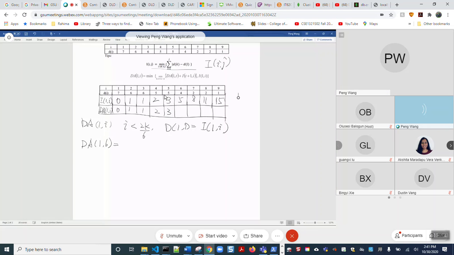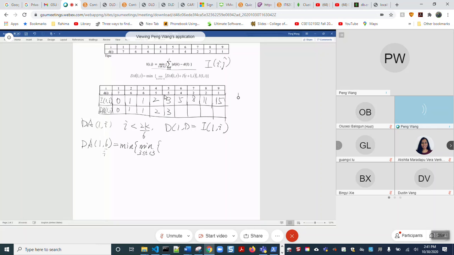dA16 is, let's put down this formula. It is the minimum, where k equals 3, over t from k to i minus k. So here i is 6, and 6 minus 3 is 3.